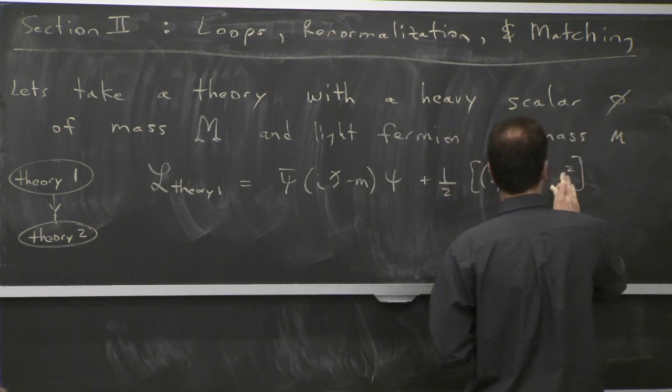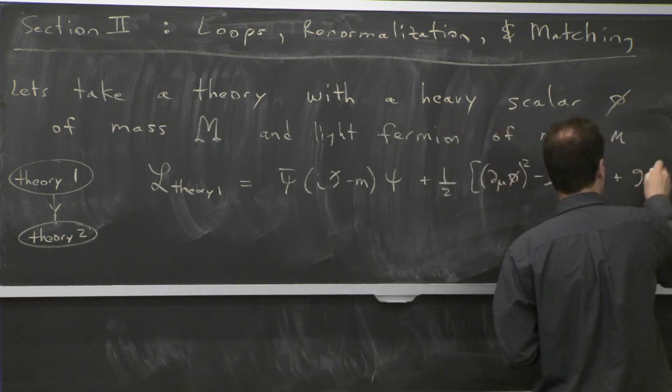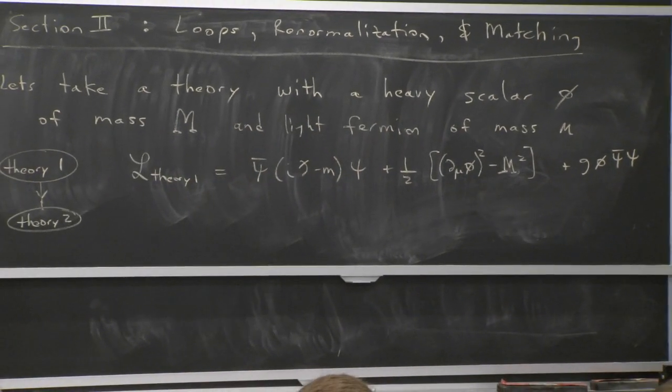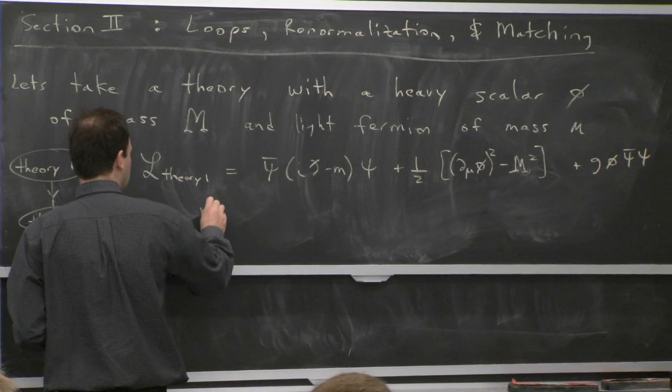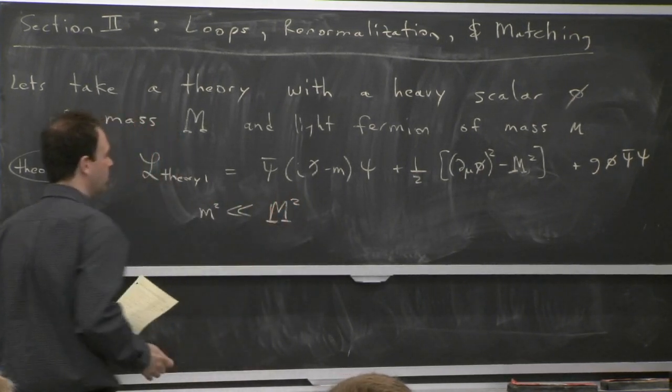And this guy should be capital. And then there's some Yukawa interaction between them. So we'll think of this as being theory 1, where we're in a situation where capital M is much bigger than little m.